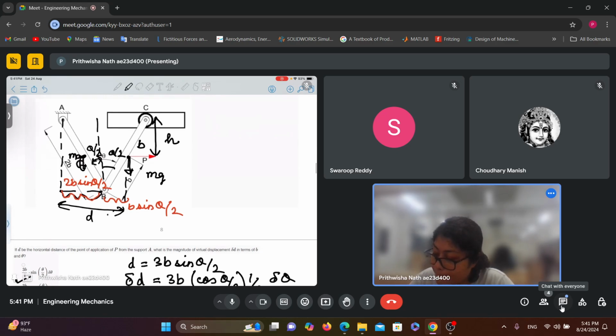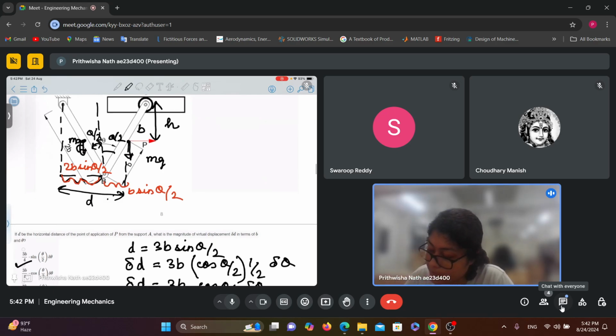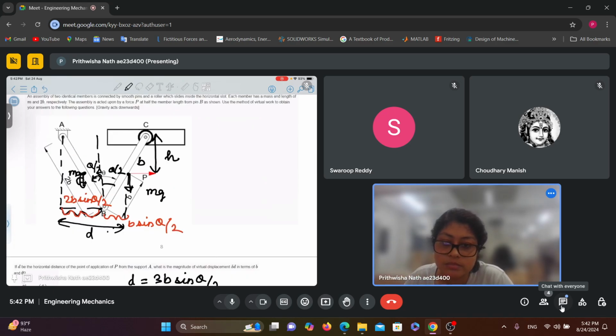We can see that gravity, the force of gravity and the displacement are in opposite directions, right?